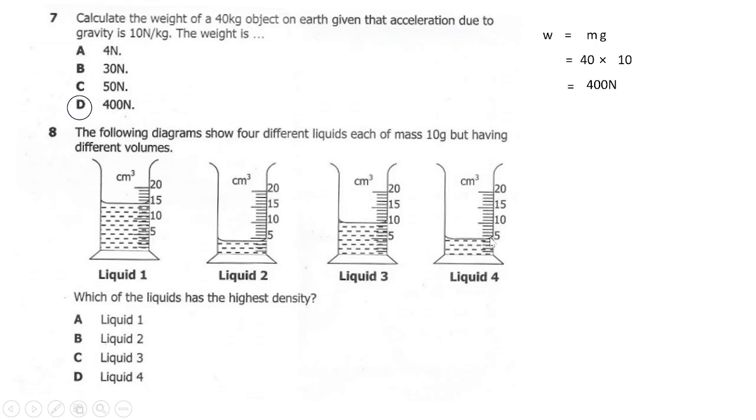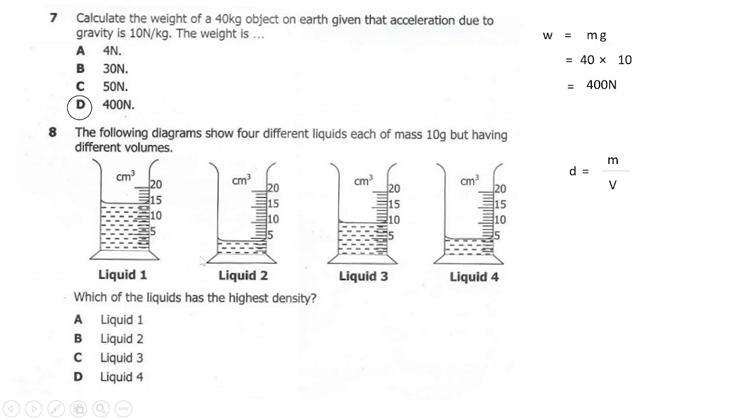Okay, so we will know by using the formula density is equal to mass over volume. So in each case, the one with a small volume is the one that will have more density.